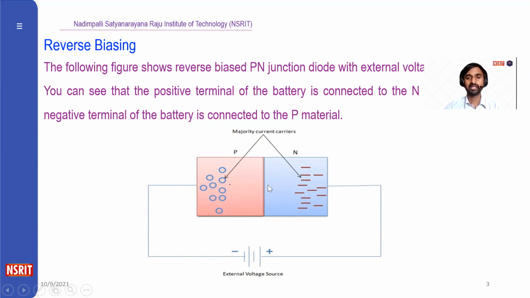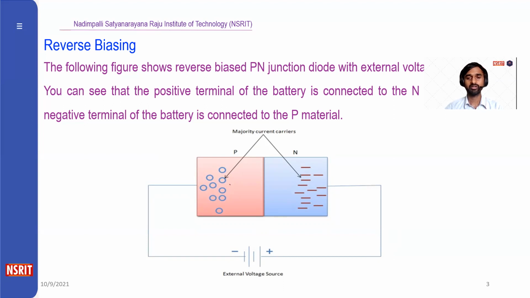And similarly, the majority charge carriers in n-type material are electrons. So the positive potential of this battery pulls these electrons towards the positive terminal. And we can see that the majority charge carriers are pulled away from the junction.